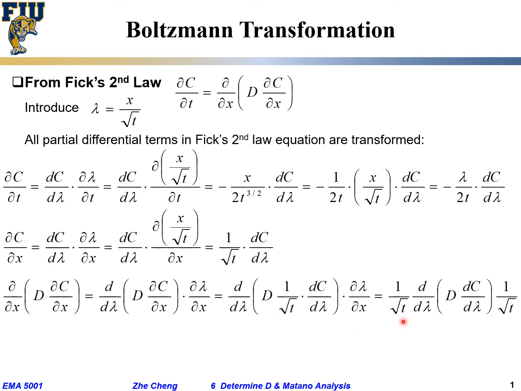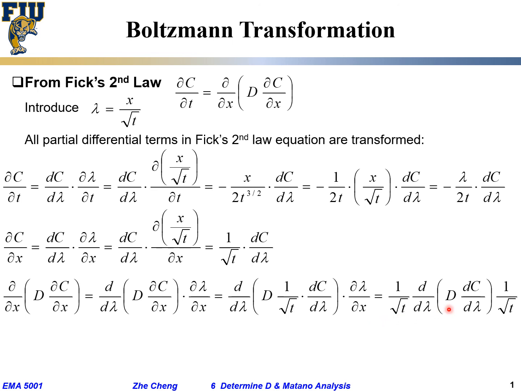So that's why we can take the square root of t from within this big bracket to the front. Make sense? And the last one is coming from the partial differential of lambda with respect to x. We put square root of t in the front.